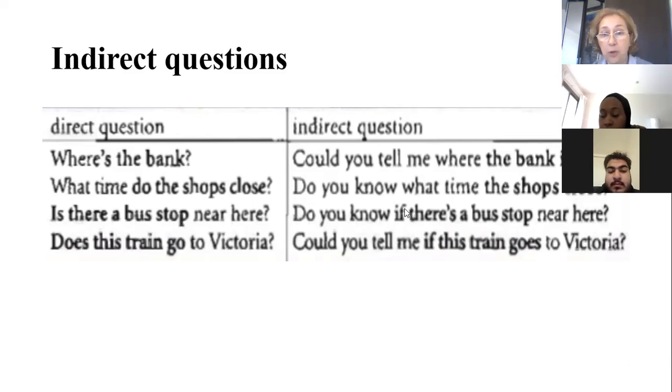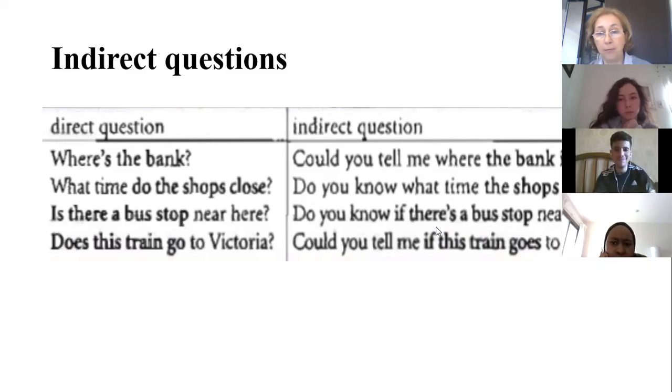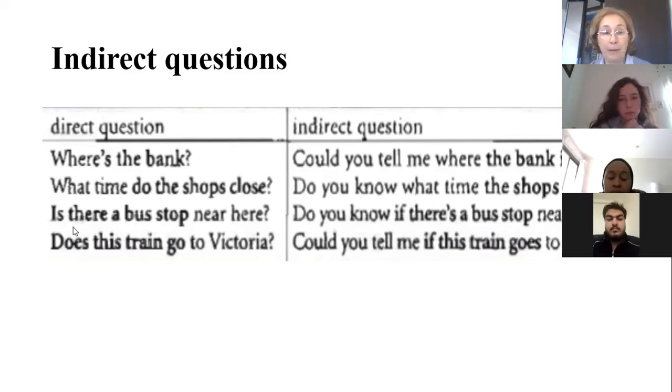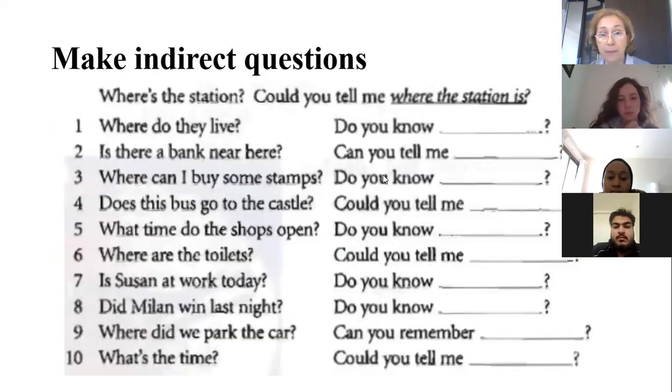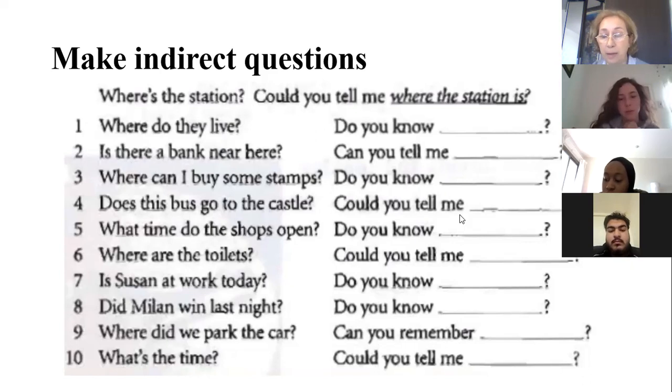First, if it is a general question, we should add if, and then we should use there and is. If there is, the same as here. So we need to add if. Can you tell me if there is a bank nearby? Exactly. Can you tell me if there is a bank near here? Okay.